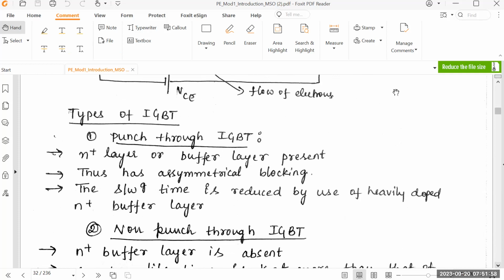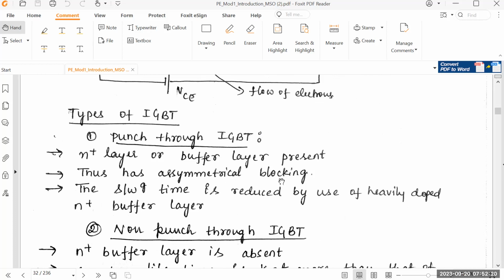So see now the types of IGBT. The first type is called the punch through IGBT. Here the N plus layer, or buffer layer, is present in this punch through IGBT. Thus it has asymmetrical blocking. What is meant by asymmetrical blocking?